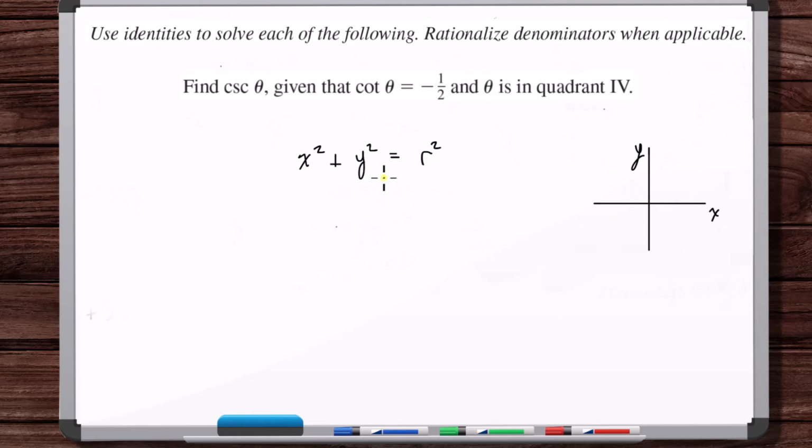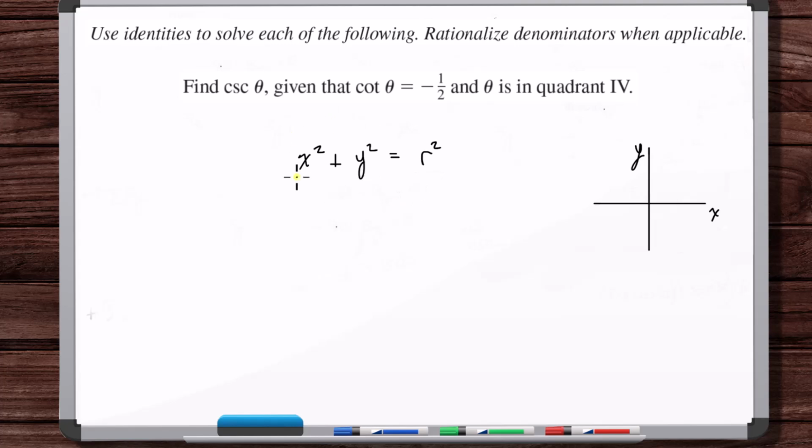So what we can do is divide both sides by r squared. Or no, in this situation we want to divide both sides by x squared, because y divided by x is tangent.